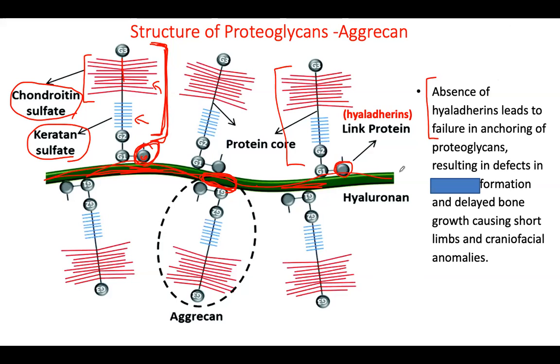Does anybody remember where? Articular cartilage. Perfect. They're mostly found in cartilage tissue. So if I don't have a link protein, I can't make my aggrecan properly, and I'm going to have malformation in my cartilage.